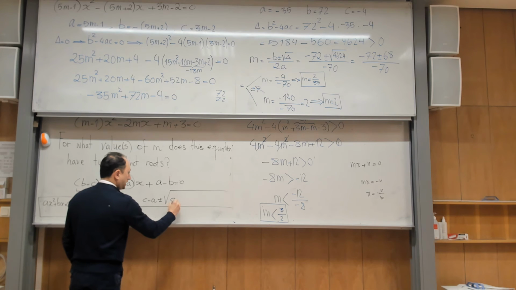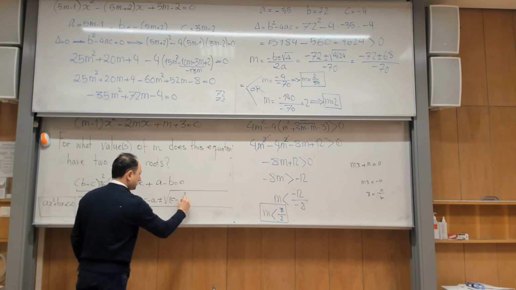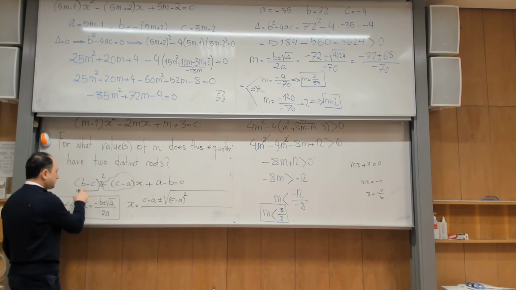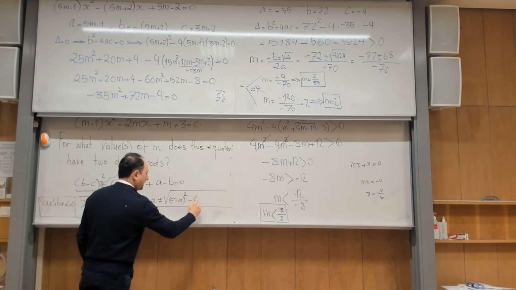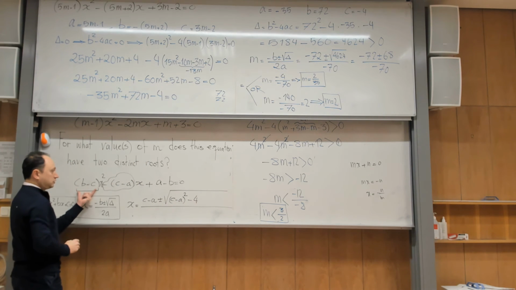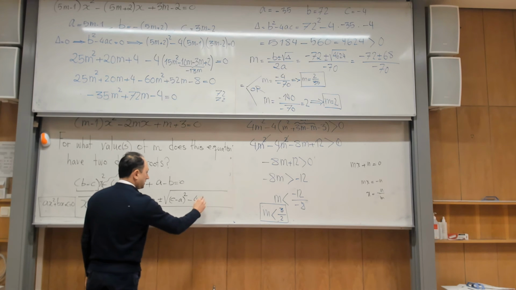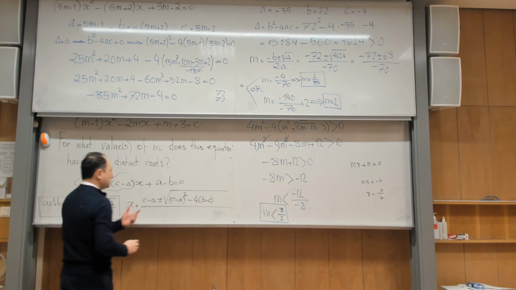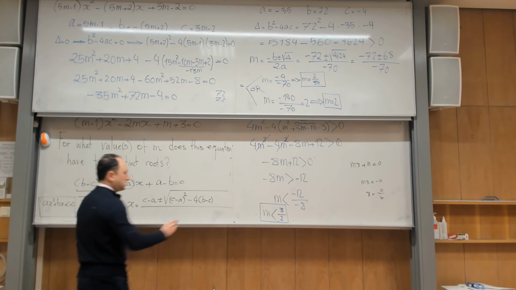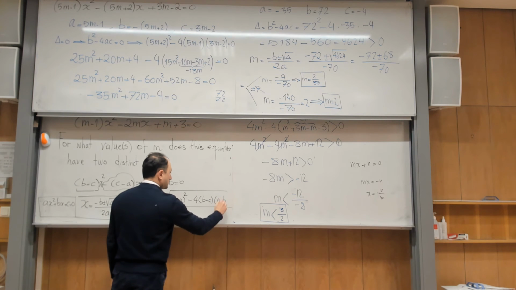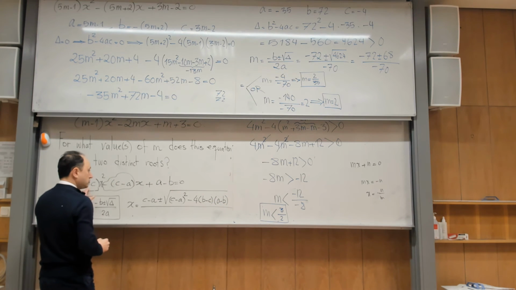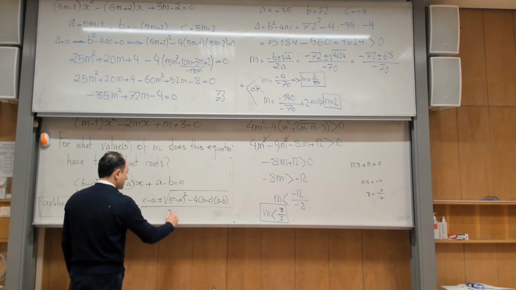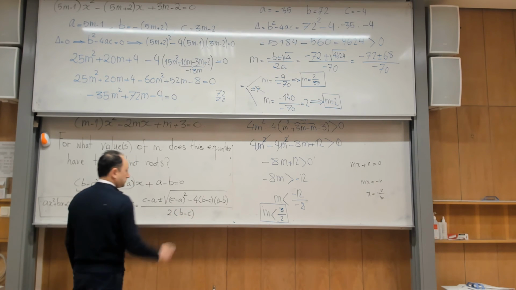You get c minus a squared. And then minus 4 times a, but this is playing the role of your a, b minus c, multiplied by c. The whole expression here will play the role of your c, and divided by 2 times a, so this becomes 2 times b minus c. Yes?